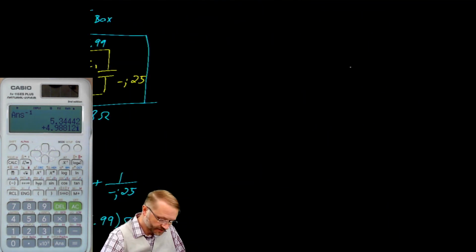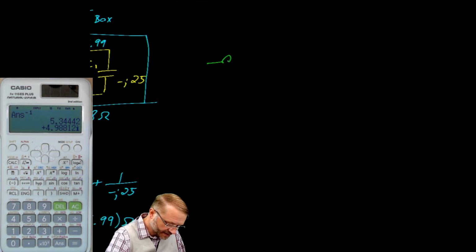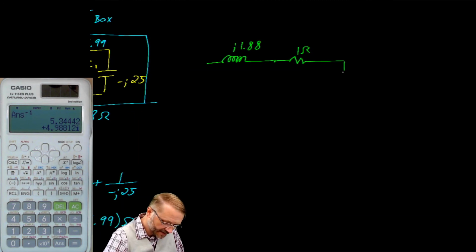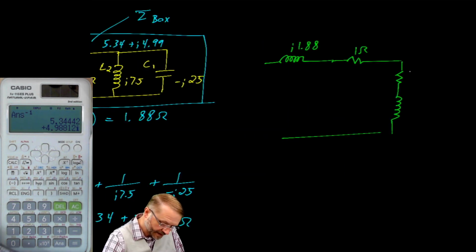At this point, it's useful to redraw the circuit. Here's L1, and we said that was J 1.88. Here's R1, we said that was 1 ohm. And then we have the impedance of the box, which we said was 5.34 plus J 4.99.